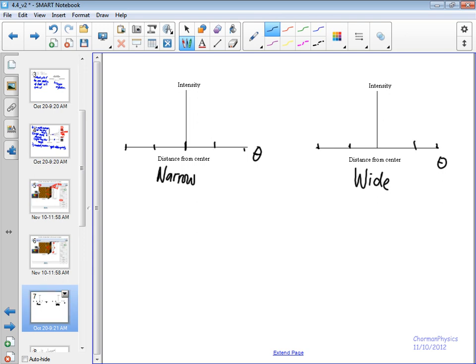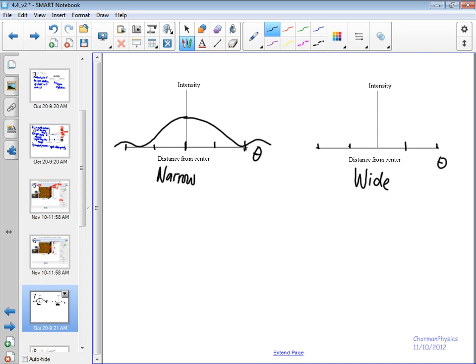And we're going to draw them out here. We're talking about the position of the first minima for a narrow slit versus a wide slit. Now, this x-axis here is the angular separation that we have in our interference pattern. For a narrow slit, it's going to be pretty wide, looking something like this.